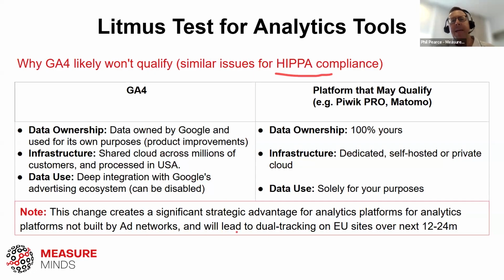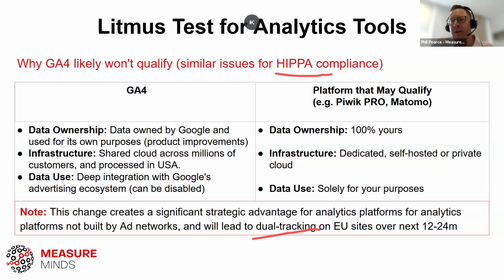So it may be that this proposal in 12, 24 months may accelerate the usage of additional analytics tools and dual tracking. So people running GA4 and Piwik or similar, so that they have extra data for that 12-month lead time before there's a potential change.